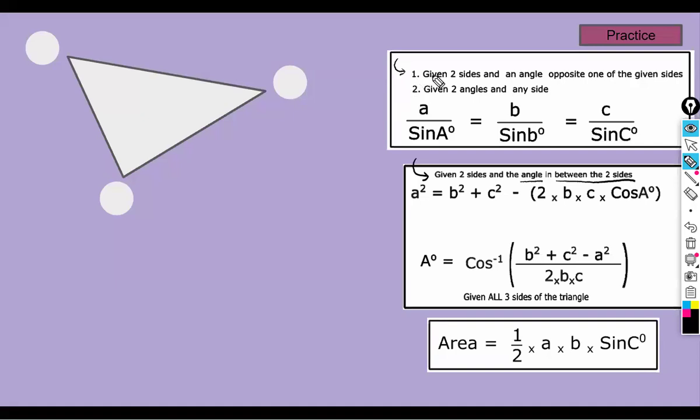But the one on top is if you're given 2 sides and an angle opposite to one of the given sides. This new condition only applies if the angle is in between the 2 sides, not opposite to one of the sides. And the other one, you can use it if you are given all three sides of the triangle. Once I give you the length of all three sides, you can use that formula.